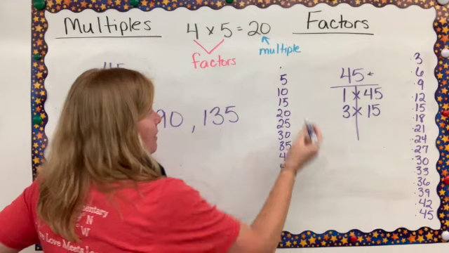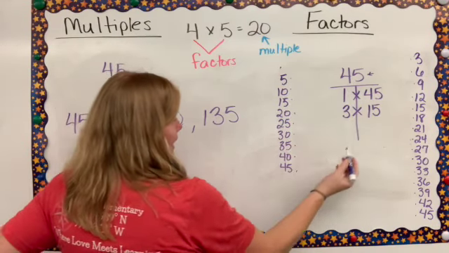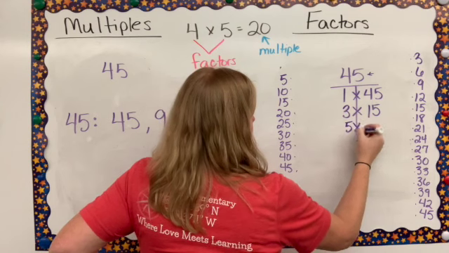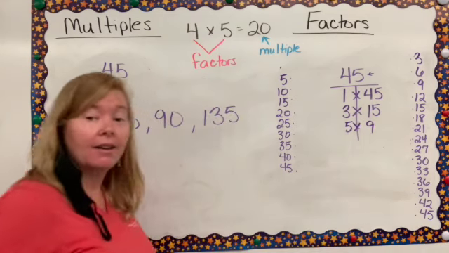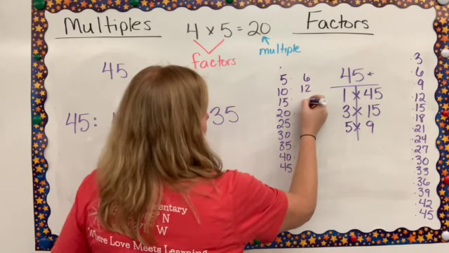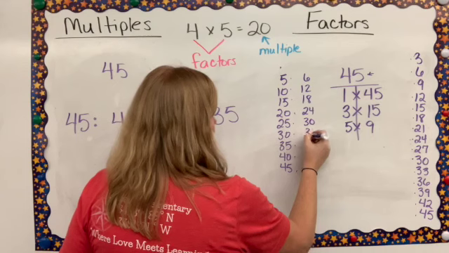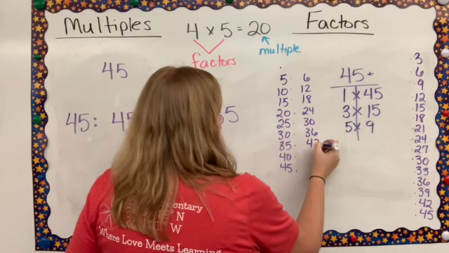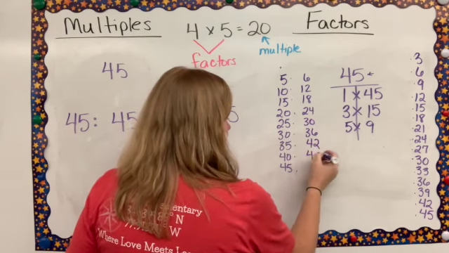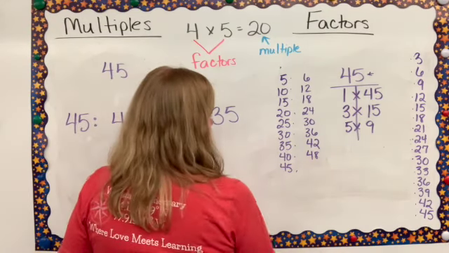Which one is it? 1, 2, 3, 4, 5, 6, 7, 8, 9. 5 times 9. Let me try my 6s. 6, 12, 18, 24, 30, 36, 42, 48. Did I say 45? Nope, 6s won't work.